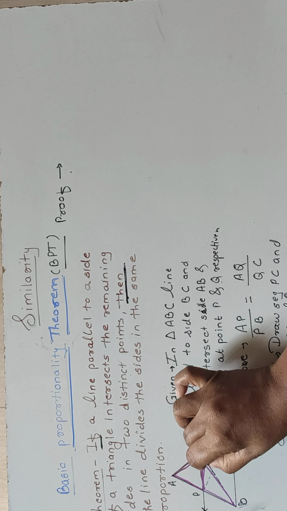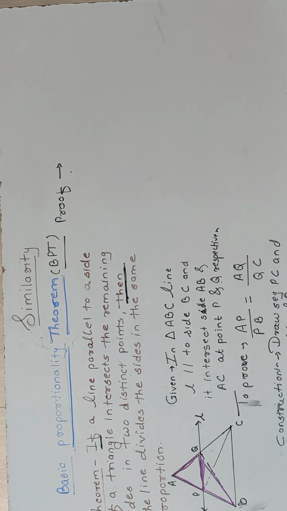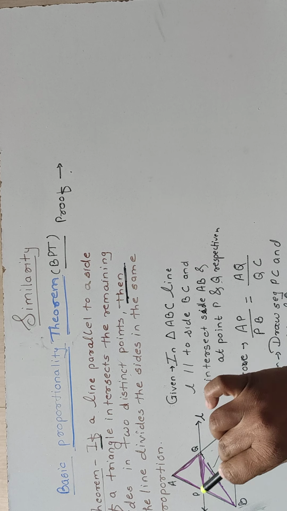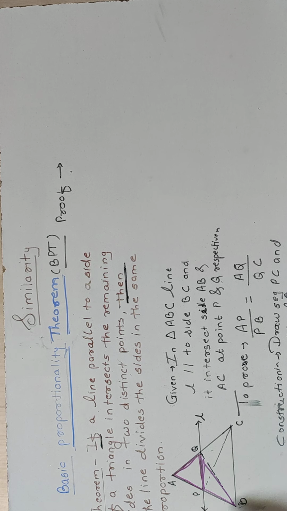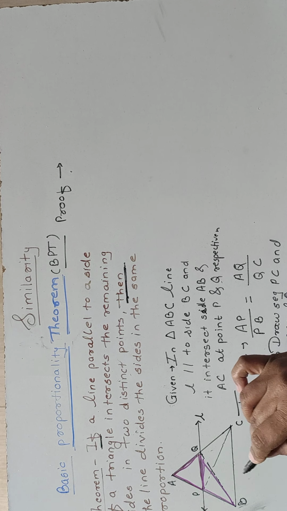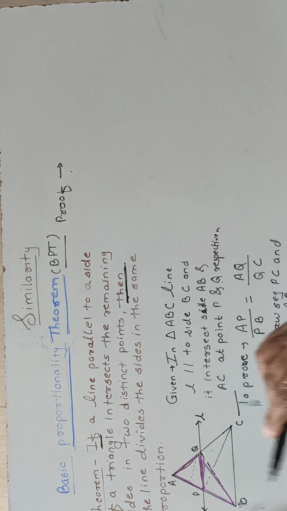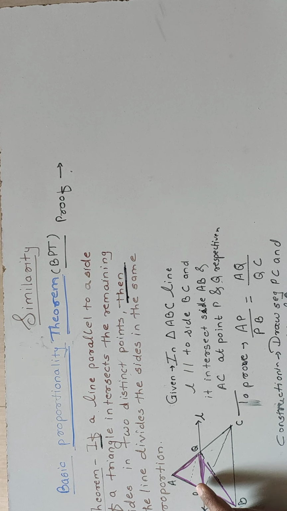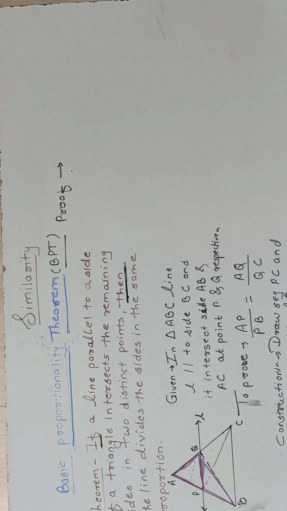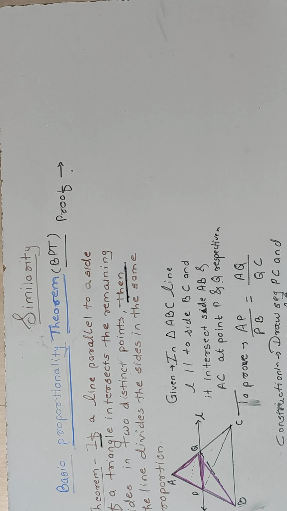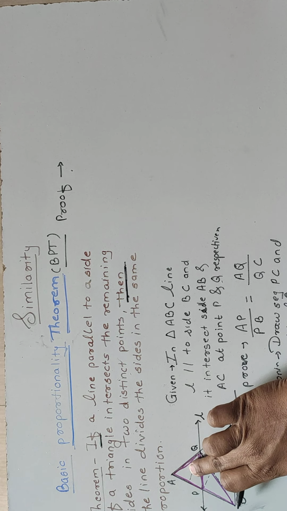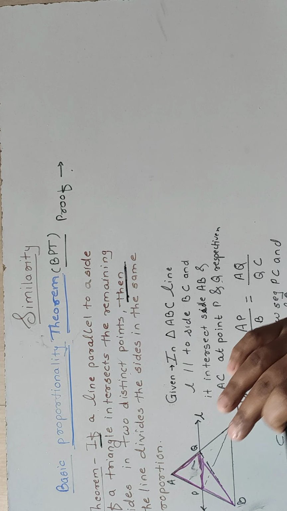If you take these two triangles, APQ and BPQ, then you will understand that these two triangles have the same height. If you draw the height here, for both triangles the height is the same. So we have to use the property of areas of triangles: when the height is the same, then their areas are proportional to their bases. So we will start this.